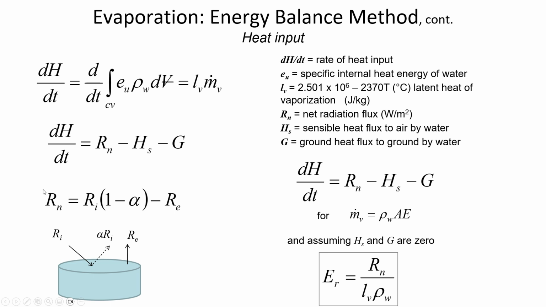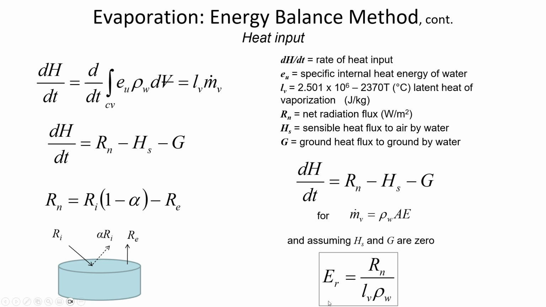And so the incoming radiation that isn't reflected, 1 minus alpha, is the amount of radiation that didn't get reflected back to space. That's the amount of radiation that went into the water, and then there's the amount of radiation that's emitted. The difference between the two, the net radiation flux in watts per meter squared, is how much we can say is available to drive the latent heat of vaporization.